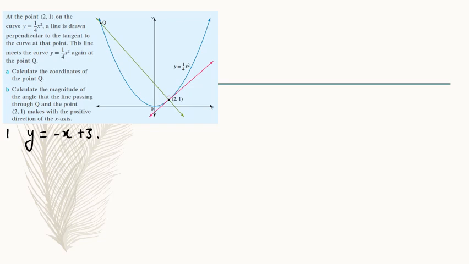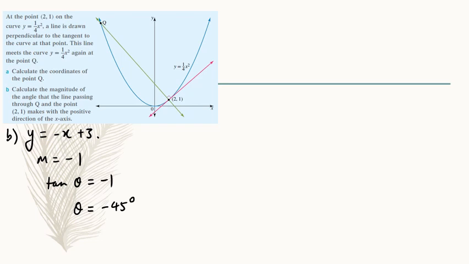So, because of that, our gradient is equal to -1. So we just make tan theta equal to -1. Now, in order for this to happen, we can have two different things, but when you put it in your calculator, the answer you will get is negative 45 degrees.